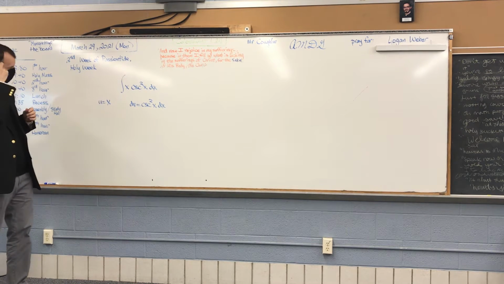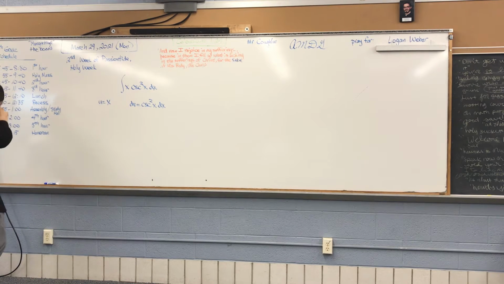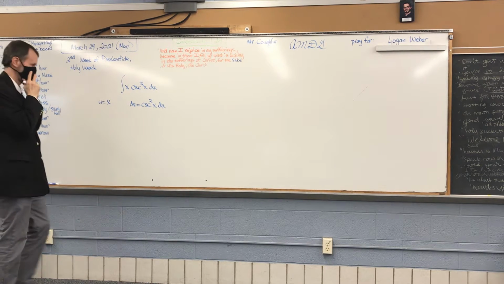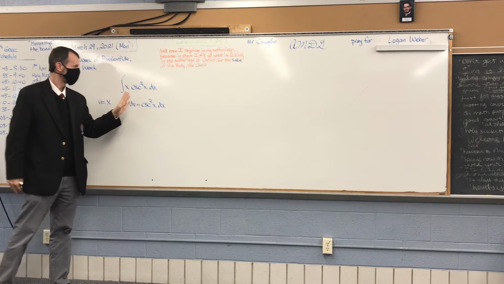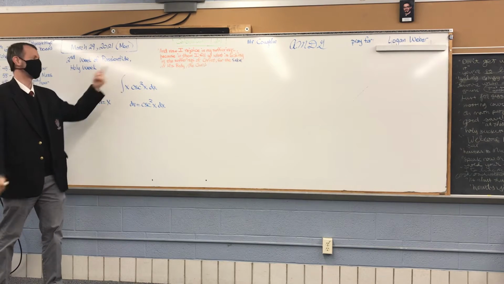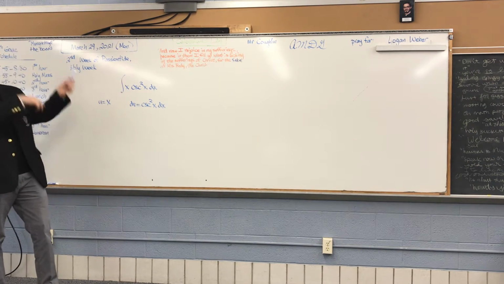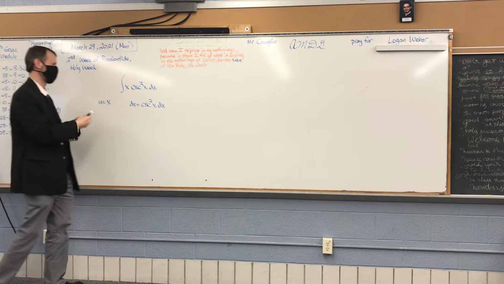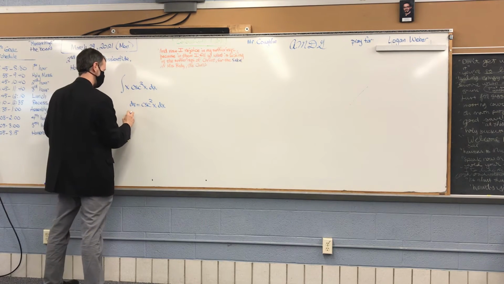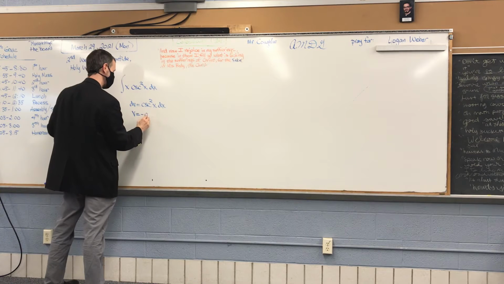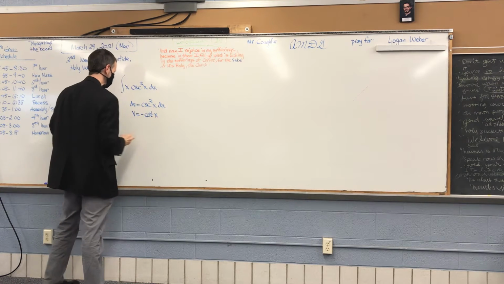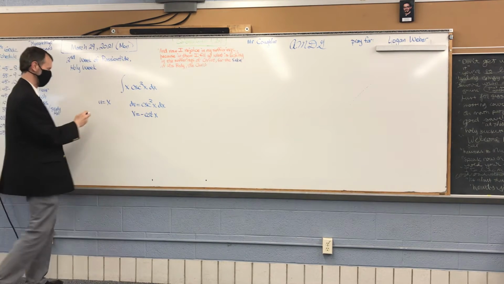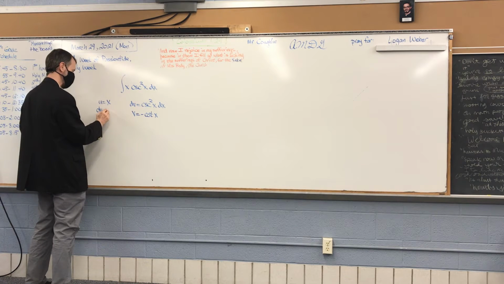Because the derivative of cotangent is negative cosecant squared. So the derivative of negative cotangent is regular cosecant squared. So this must have come from negative cotangent of x. So what's du? dx, right.